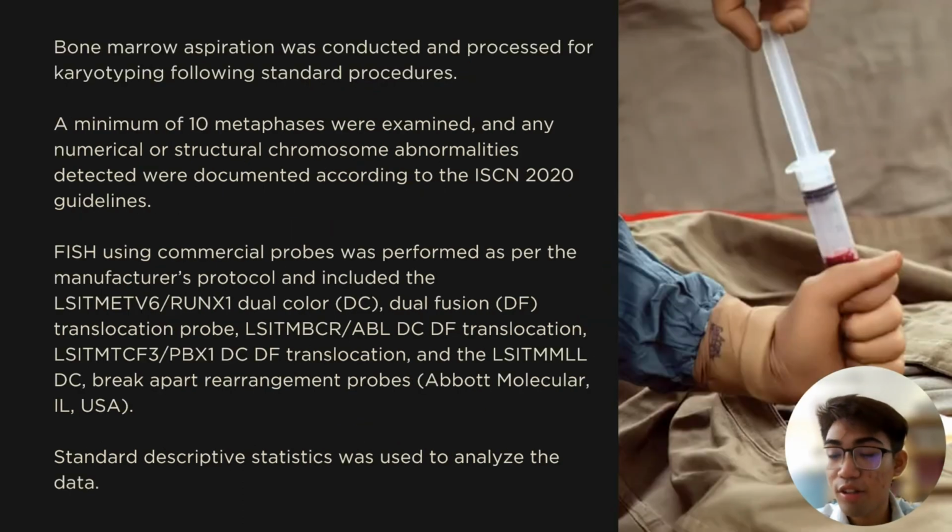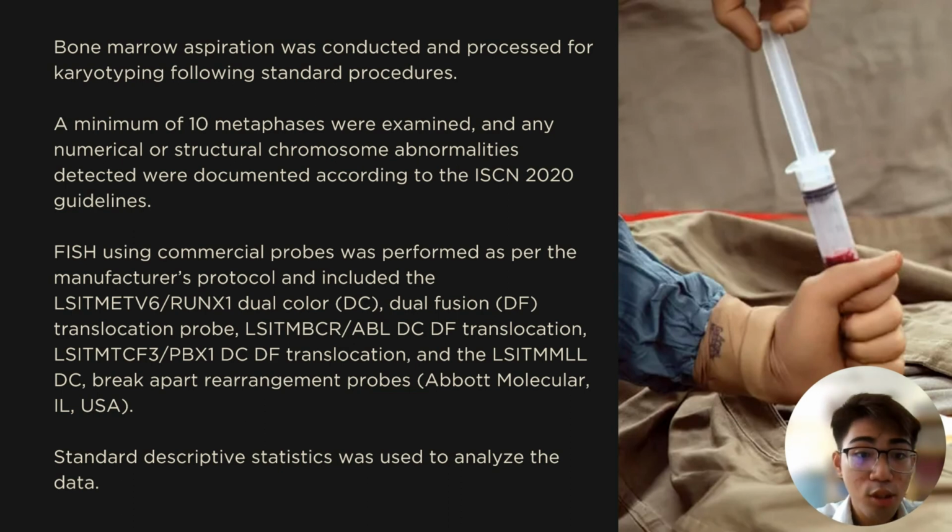As mentioned earlier, bone marrow is the main sample that was used, and this aspirate sample was processed for karyotyping following the standard procedures. A minimum of 10 metaphases were examined, and any numerical or structural chromosome abnormalities detected were documented according to the ISCN 2020 guidelines.